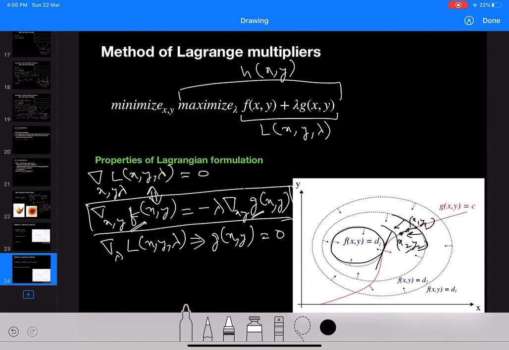But when you are here, where the tangent is shared, this direction would help you improve the function, but then you will go out of the constraint. So this is the situation where you want to be. You cannot improve any further, and that's what this equation says.